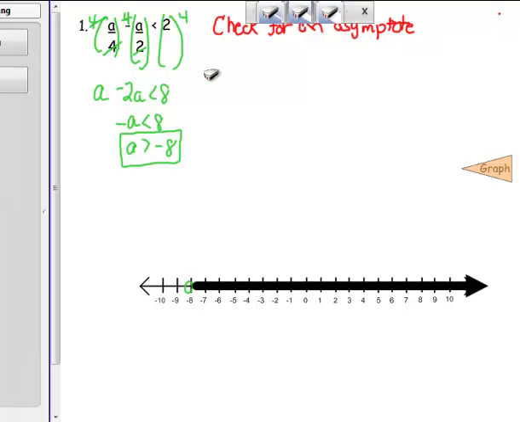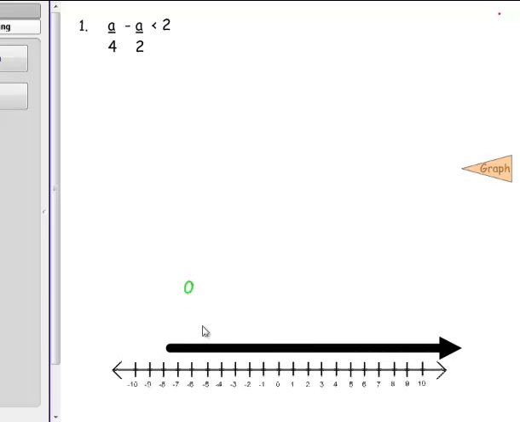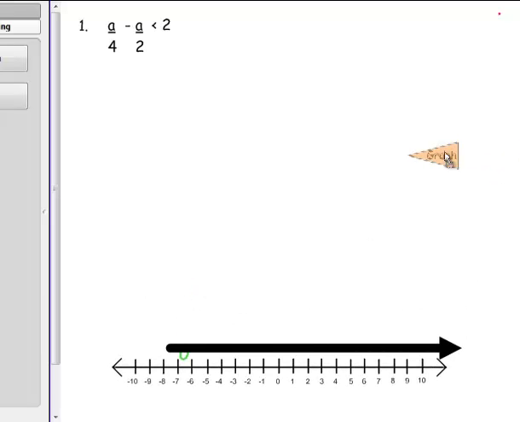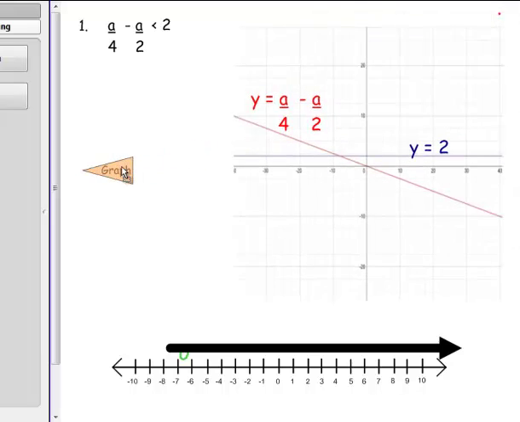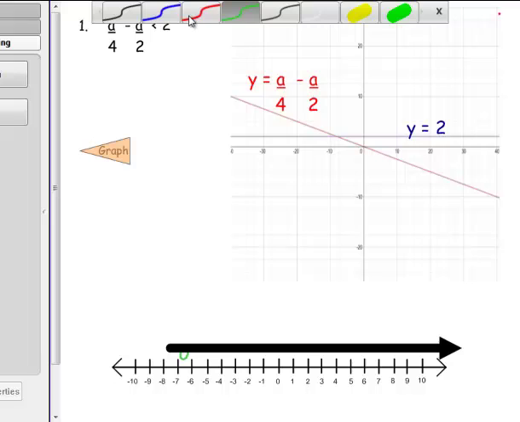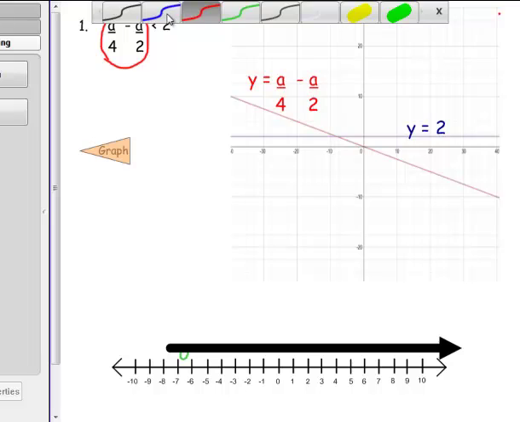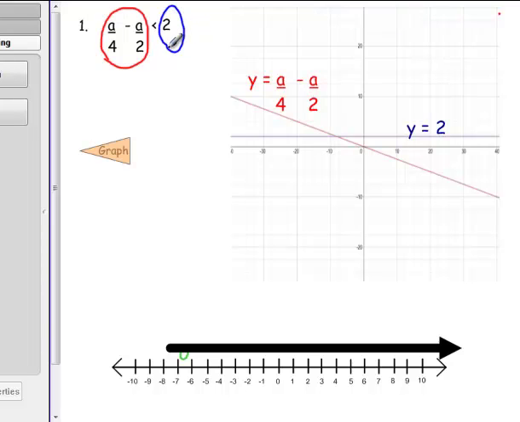All right. I'm going to erase all this. And now I'm going to give you a visual as if you did it on your graphing calculator. What I did was I took this problem and I divided it into 2 equations. A red equation, which you can see right here, which is the left side, and then I took the right side and I made it into an equation.